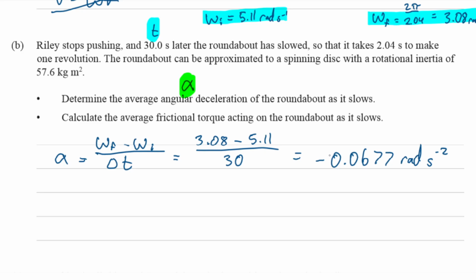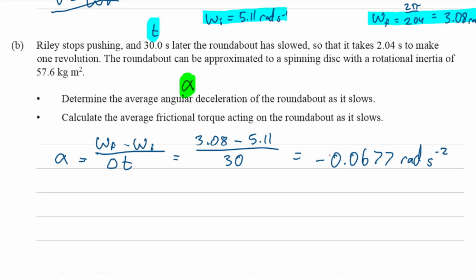And now the second part, calculate the average frictional torque. So in order to have an angular deceleration, there needs to be a net torque opposing the motion. And in this case, it comes from the friction, like the friction of the bearings or air resistance, for example.